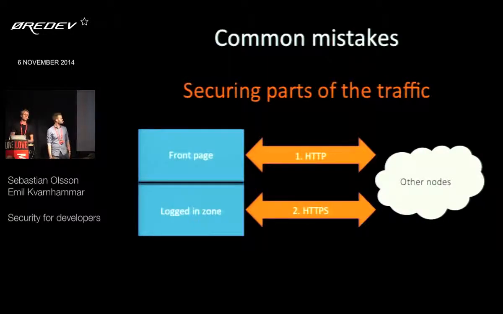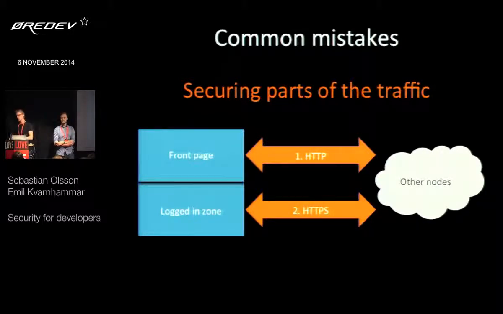Similar to this is when you secure only parts of the traffic. Consider, for instance, if you're implementing authentication using OAuth 2. Then it's extremely important that you use HTTPS, because if you don't, then there is really no security in OAuth. In general, that usually means you have some kind of logged in zone and you have an insecure zone.